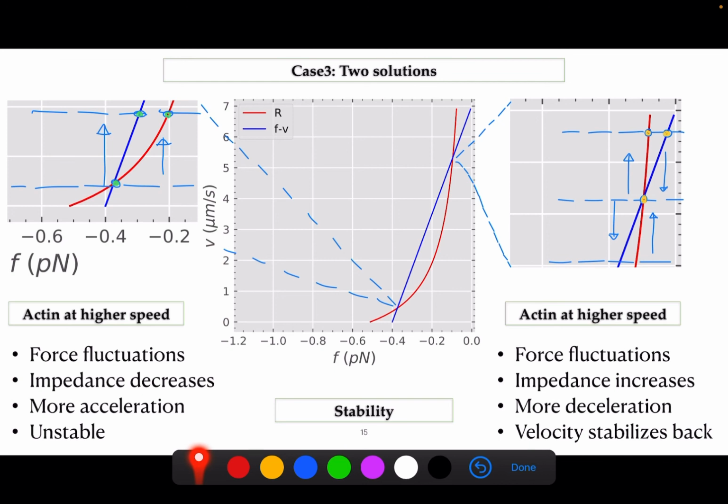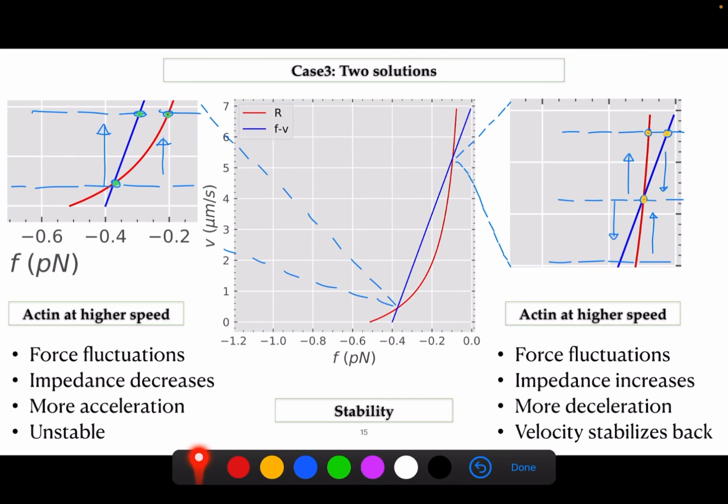At each speed, due to force fluctuations experienced by the actin filament, sometimes the speed can go up or can go down. At this high speed, if the speed goes up, the impedance increases, causing the filament to decelerate and go back to the initial velocity.